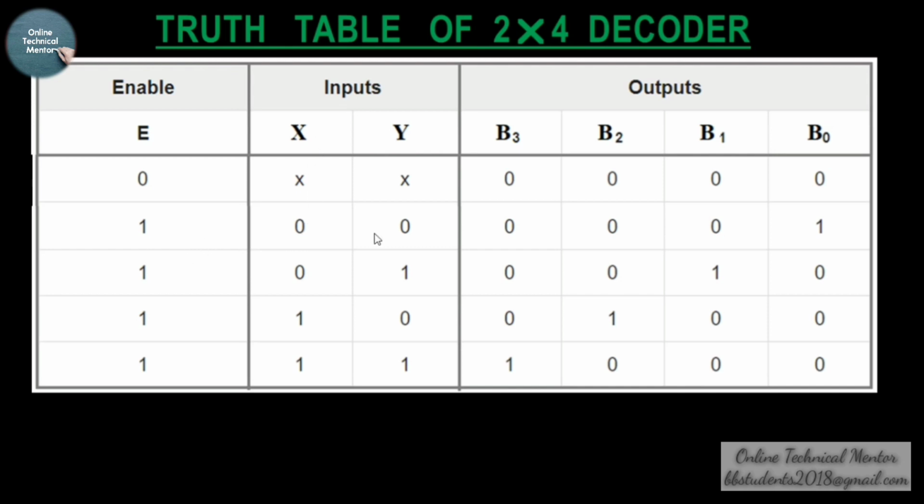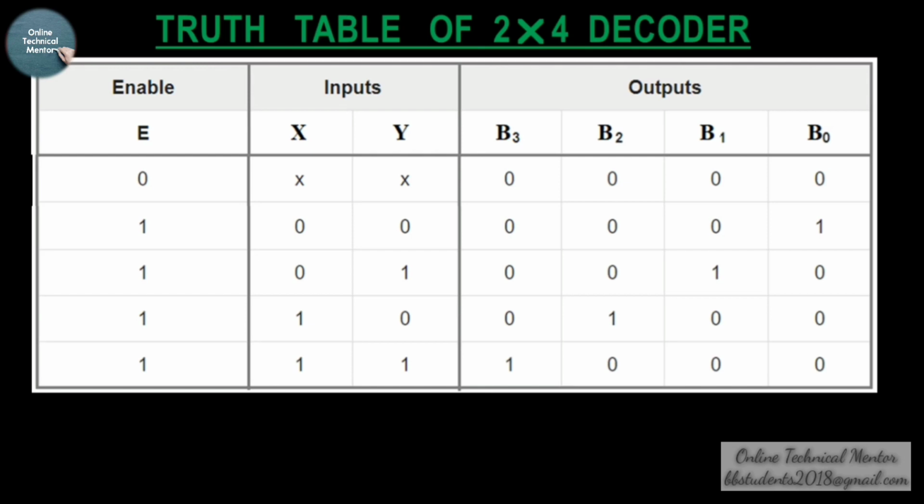When X and Y are 0, 0, at that time B0 is high. When the input combination is 0, 1, that's mean X is 0 and Y is 1, at that moment of time, B1 is 1. When X is 1 and Y is 0, B2 is high. When both X and Y are 1, at that time B3 will be high. So this is the truth table of a 2 cross 4 decoder.